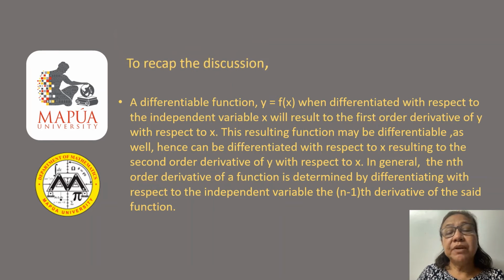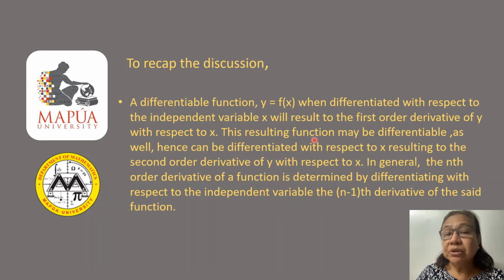To recap the discussion, a differentiable function y is equal to f of x when differentiated with respect to the independent variable x will result to the first order derivative of y with respect to x.